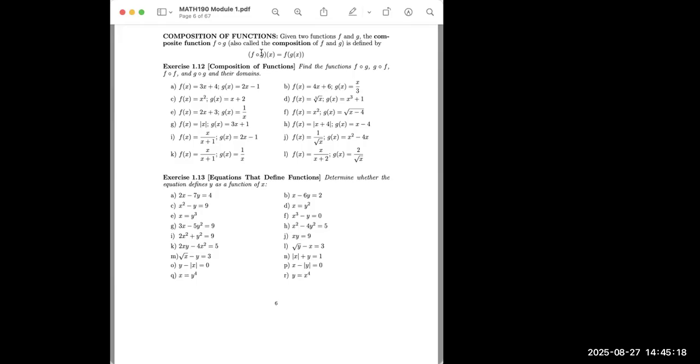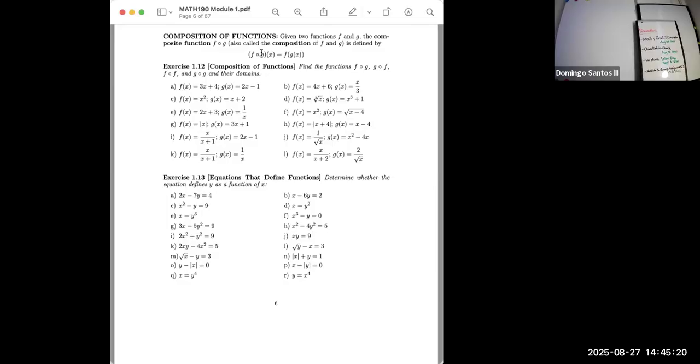It's like this, class. You have two functions, f and g, which are both functions of x. Now, we define f circle g of that variable x to be equal to f at g of x, meaning all the x's in f will be replaced by g of x, okay?